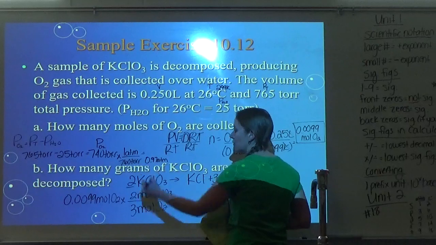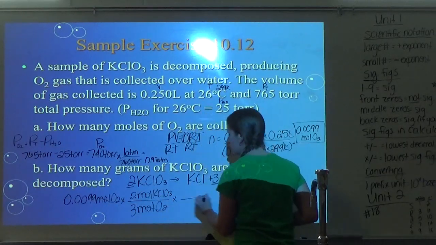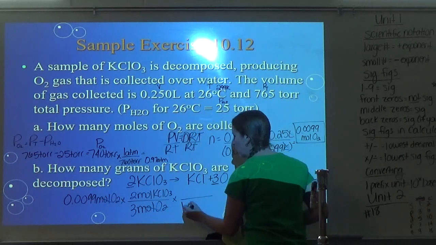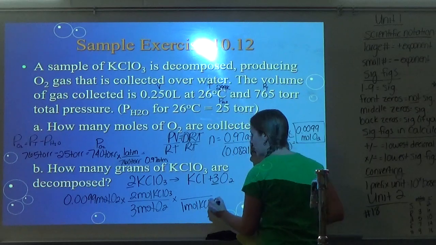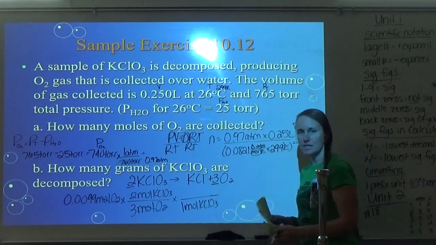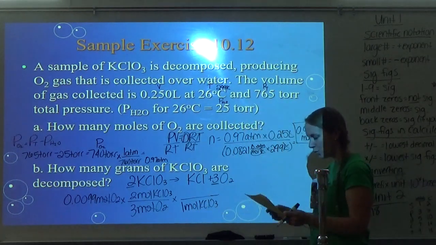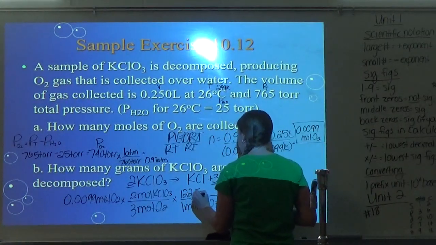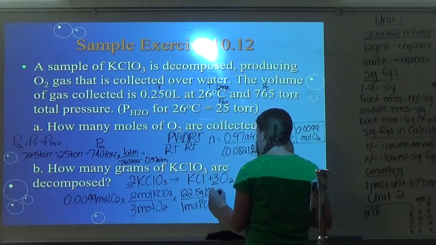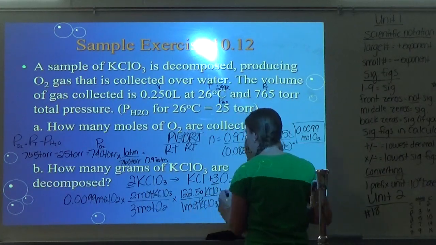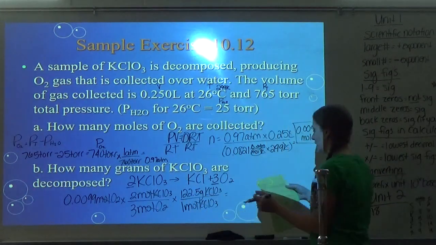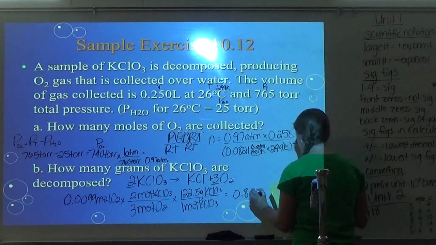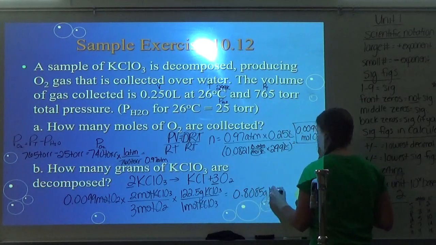But notice it asked me for grams, so I can't stop at moles, so I go one more step. I put my 1 mole of KClO3 on bottom, and then I put molar mass on top. So I just add up KClO3, and for that I got about 122.5 grams of KClO3. And so I just multiply and divide. So I got 0.8085 grams of KClO3.